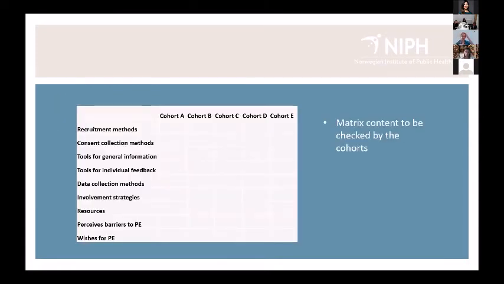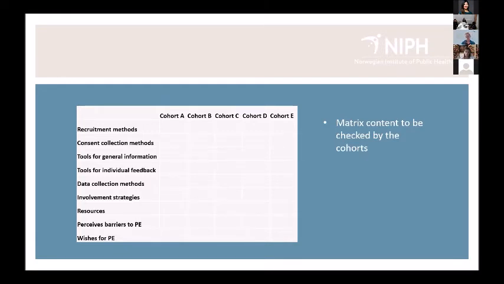To give you an idea, the matrix looks something like this, where for each cohort we describe very shortly which recruitment methods are being used, if any new recruitment is taking place, what the consent methods being used are, whether paper-based or digital, what kinds of tools are being used, both to provide general information about what happens in the study and to provide individual feedback to the participants, what kind of data collection methods are being used, how the participants are being involved in the life of the study, what kind of resources are being used, and what the barriers to engagement and wishes for engagement are.